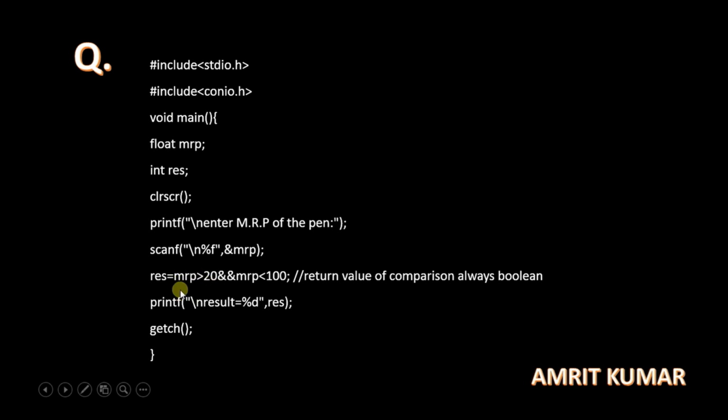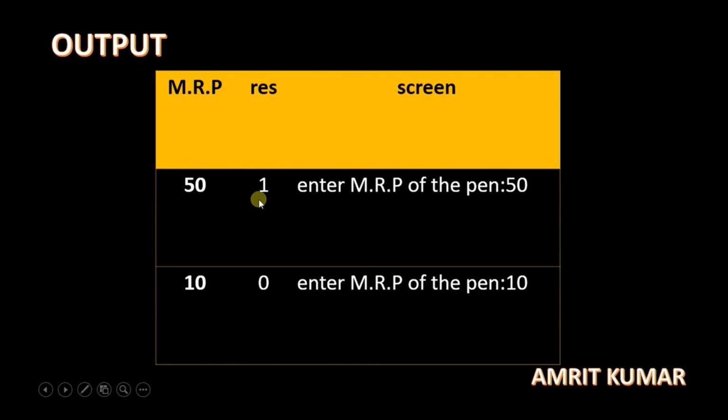True means 1 in C language. Logical AND: is MRP less than 100? Is 50 less than 100? Yes, it is a fact. Therefore, true. 50 is less than 100 and 50 is greater than 20, so both conditions are true. Therefore, the logical AND is going to return true here. Therefore, res is going to be 1 overall. So 1 is going to be assigned to res, and res is going to give us the result 1 here.